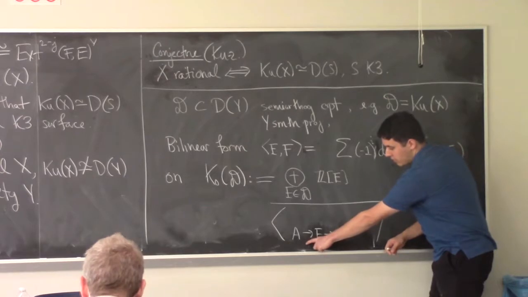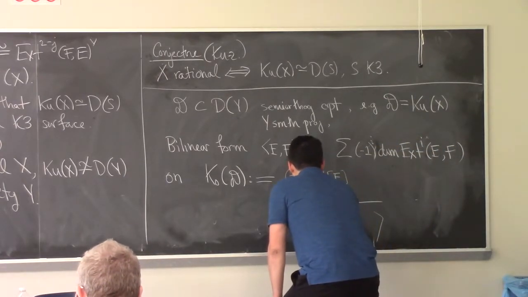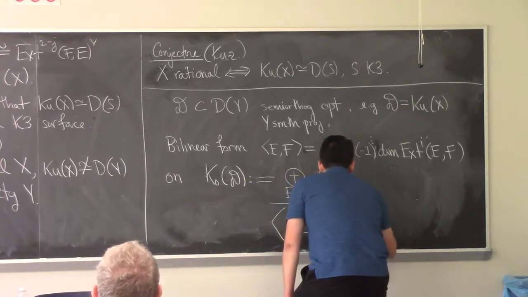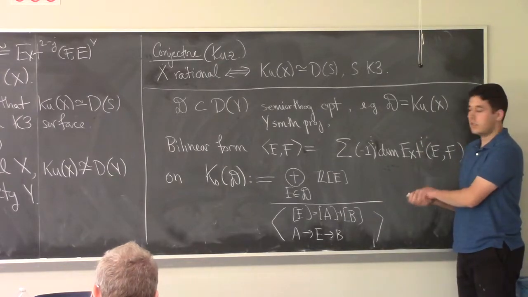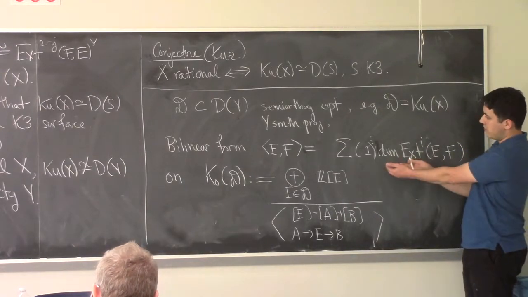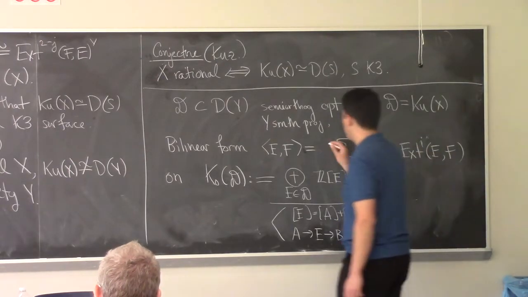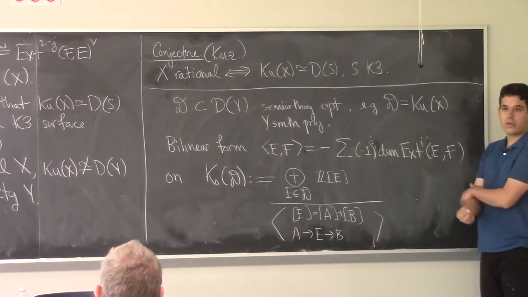And whenever you have an exact triangle, we declare that the class of E is the sum of the class of A plus the class of B. So this defines an abelian group canonically associated to D, called the Grothendieck group, and the Euler form is a bilinear form on it. And actually, for some technical reason, I'm going to use minus this Euler form.